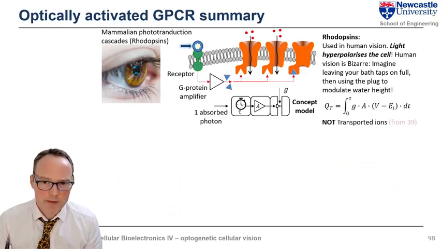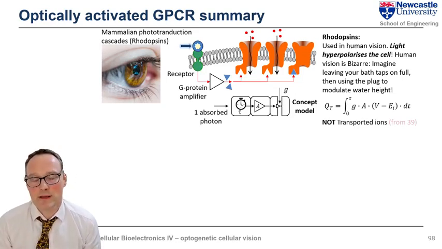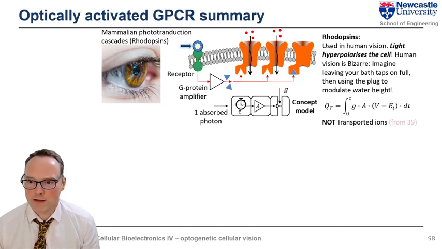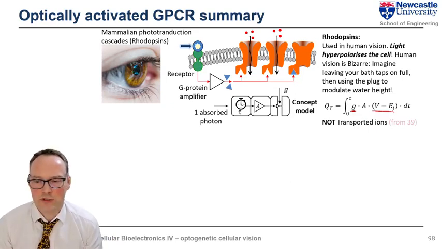Now, if we want to think about what this means from a mathematical perspective, we've already described the metabotropic receptor, and this is basically the same in that you've got your standard conductance for an individual ion channel. It's the conductance times the difference between the voltage across the cell and the reversal potential, and then you've got an integral function, and then you've got the number of cells being activated.